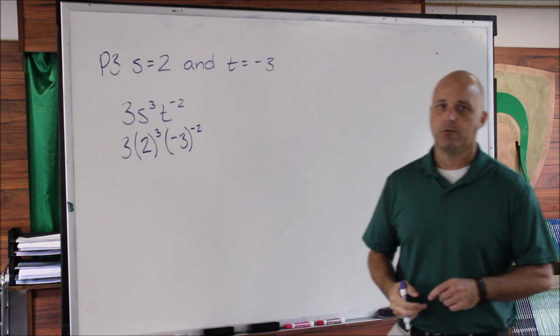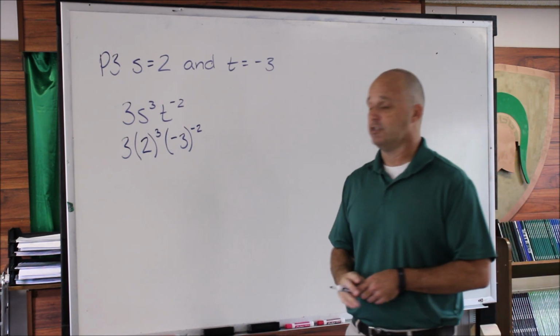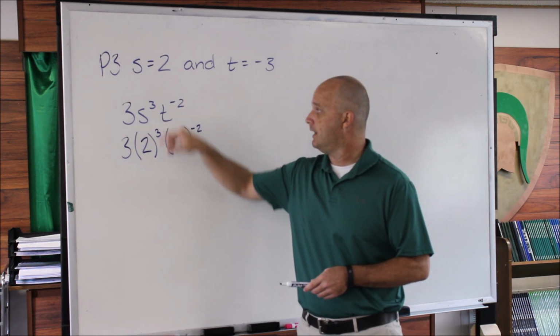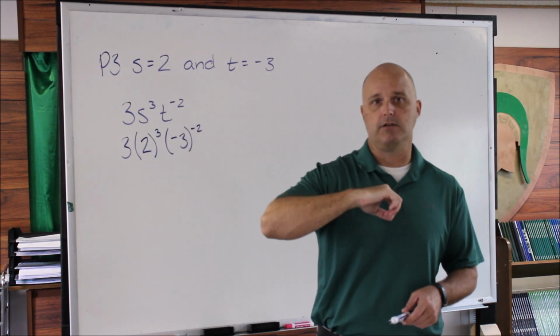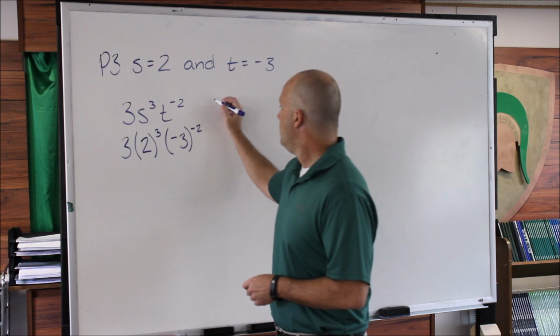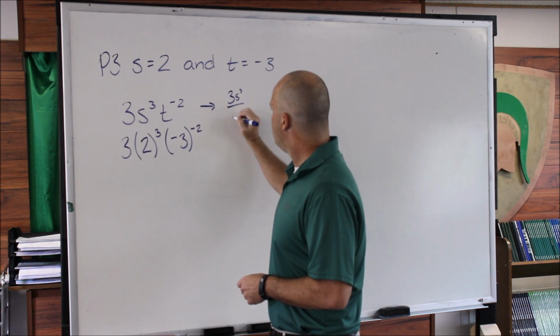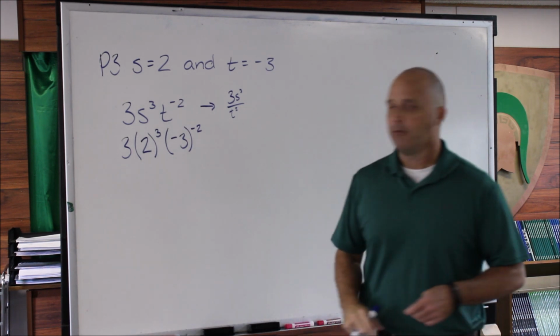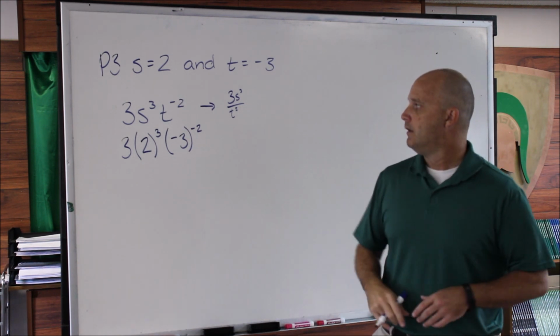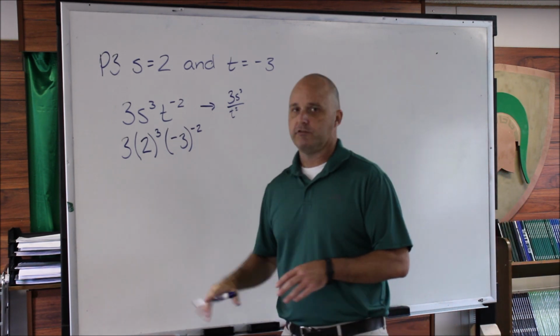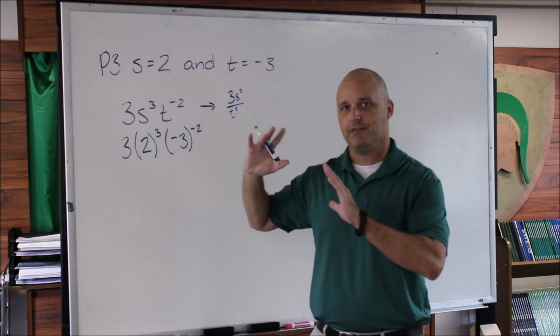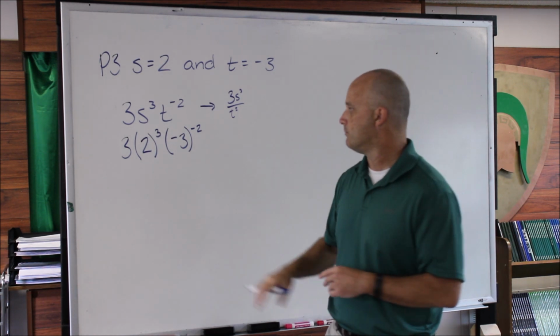There's a couple of different ways that you could do this. You could have actually started by taking this t to the -2nd and flipping it down and getting a new expression, which would have been 3s cubed over t squared, or you could wait and do it here. What I'm going to do is take anything that needs to be moved and move it at this point.